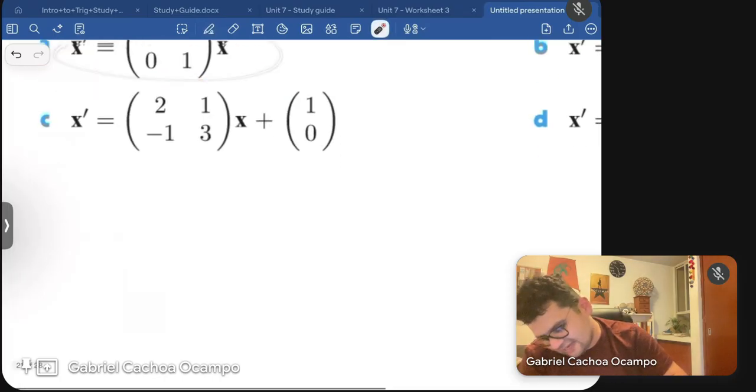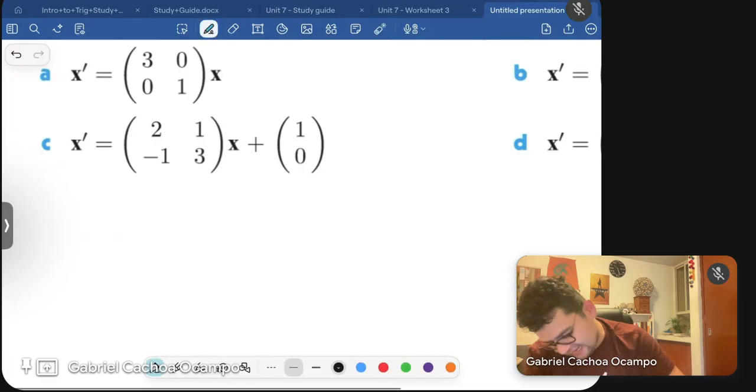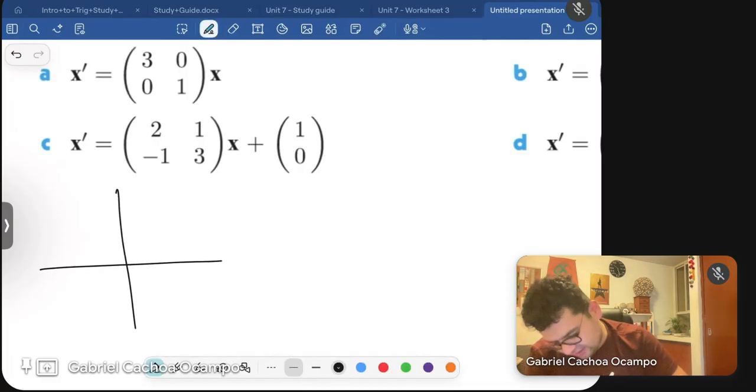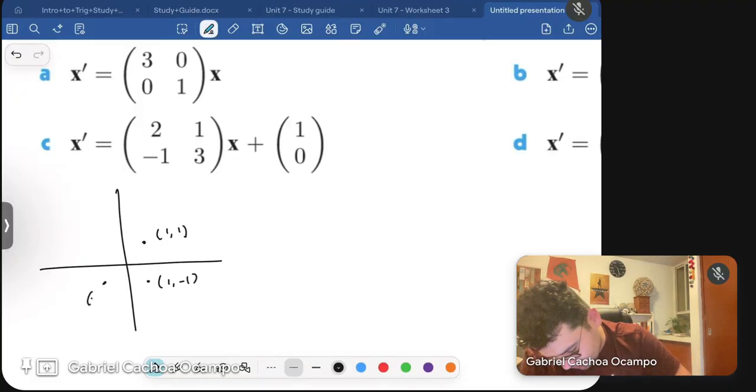So imagine that I have a square that has points here in 1 comma 1, in 1 comma negative 1, in negative 1 comma negative 1, and here in negative 1 comma 1, no? So imagine that I have this beautiful square.